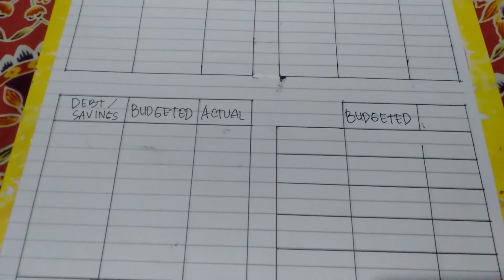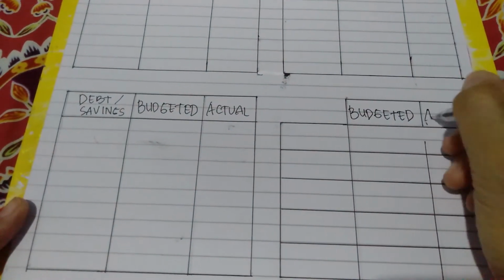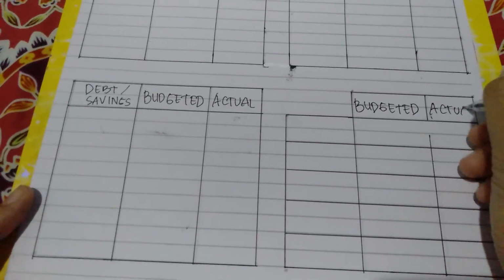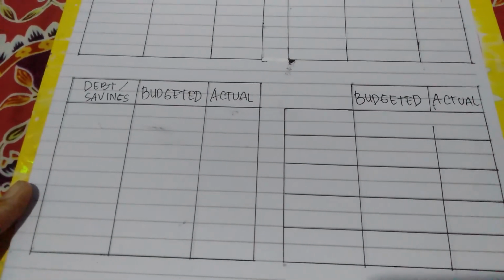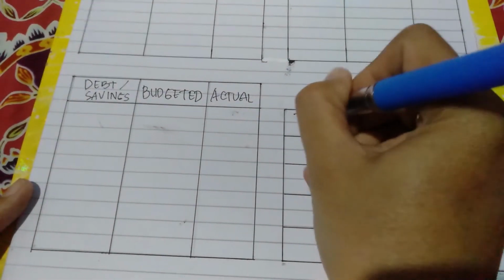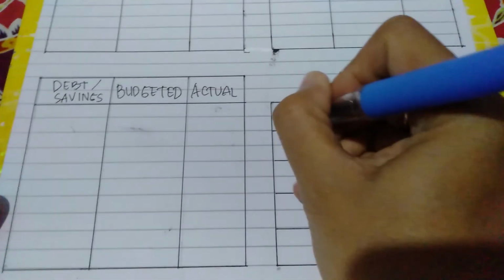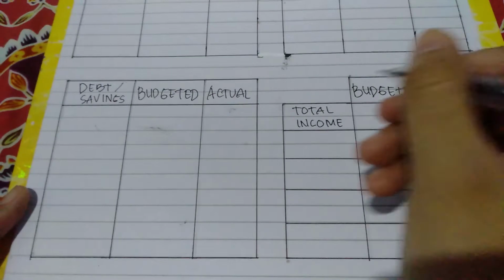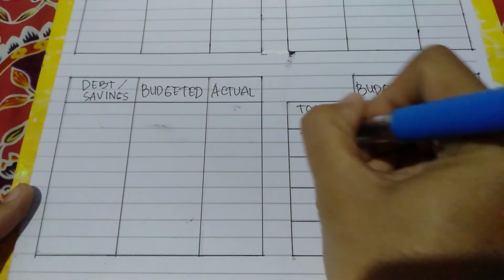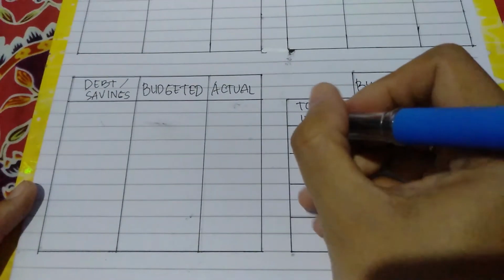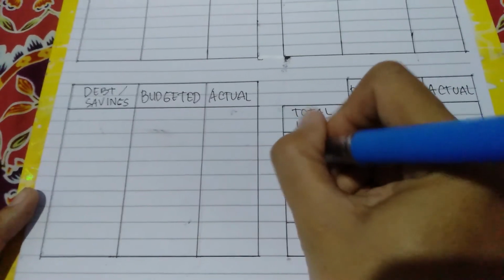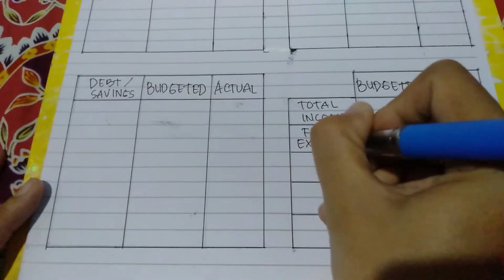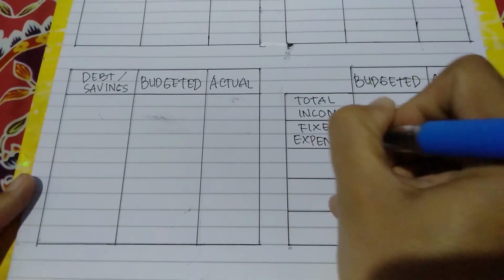And the last table here is going to be the summary. After I complete filling up those whole tables, I try to complete the last table at the end of the month. So this is the summary, the conclusion of the whole tables above.